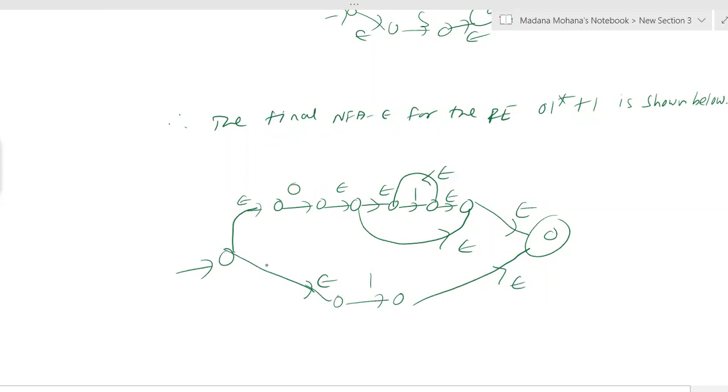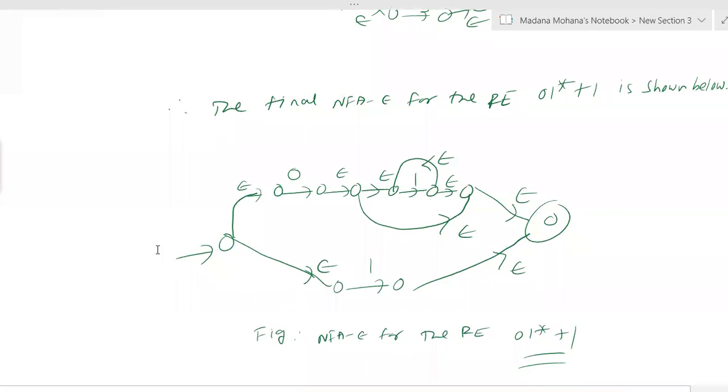Now this is the initial state. Now this is the final NFA with epsilon moves for the regular expression. If you proceed the top path, 0, 1 closure you will get. If you proceed the bottom path, you will get 1. Now parallel path means plus. So this figure is the NFA with epsilon for the regular expression 0, 1 closure plus 1.